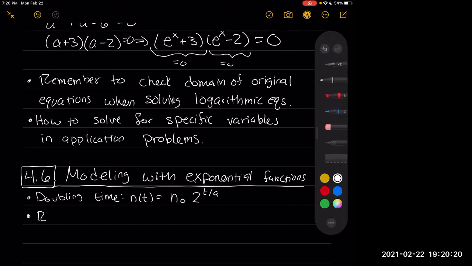Then we learned about relative growth, which was N of t equals N naught e to the rt.